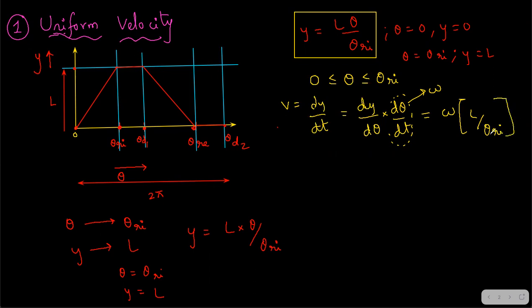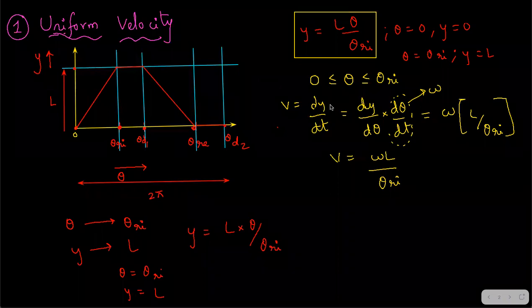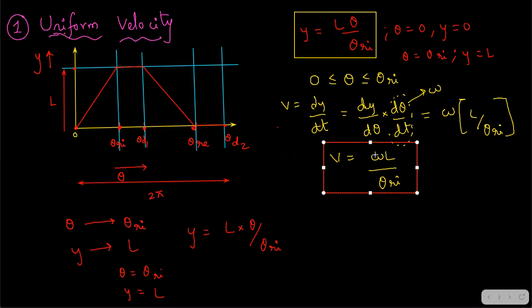So we got velocity equal to omega L by theta Ri. So this is the value which we get. It means for this motion to happen, you need constant velocity, omega L by theta Ri.